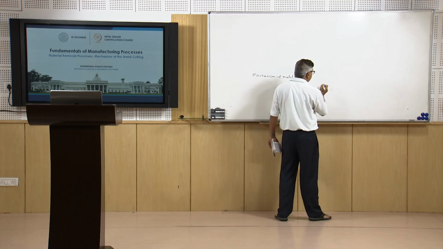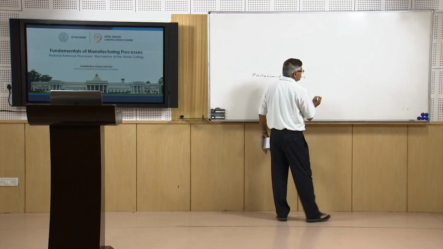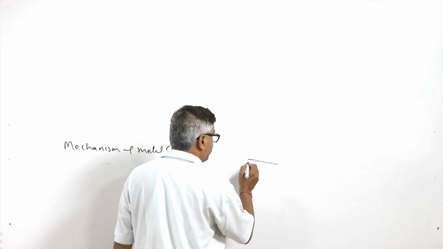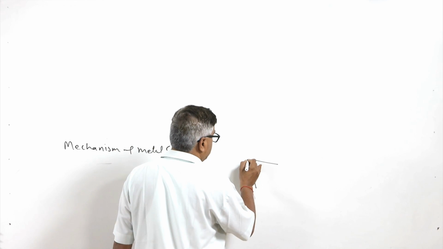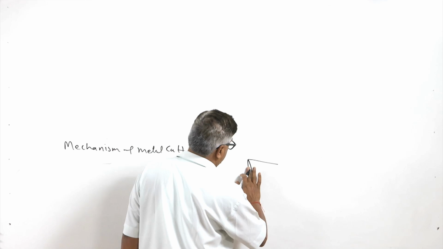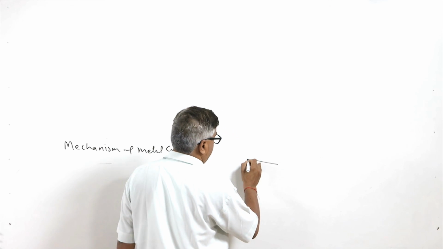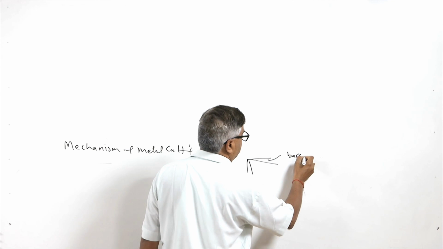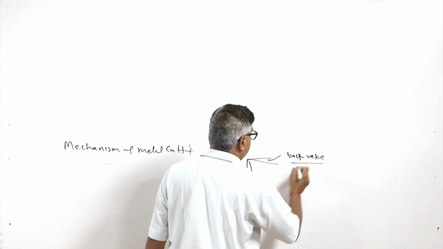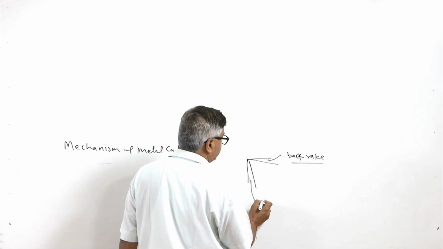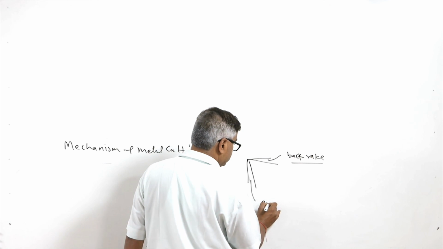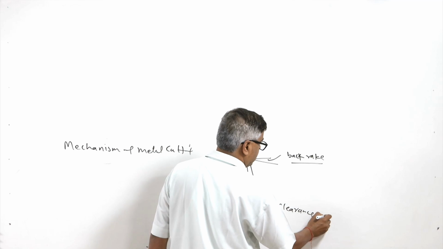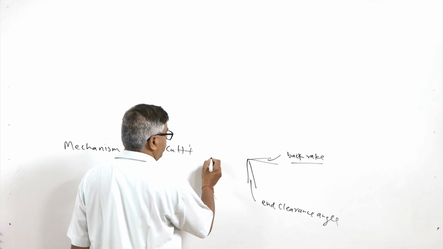So, the different parts and angles are expressed like this in the front view. These two angles, as I have said, are the back rake angle and the back clearance angle.